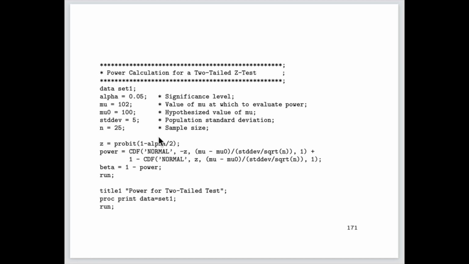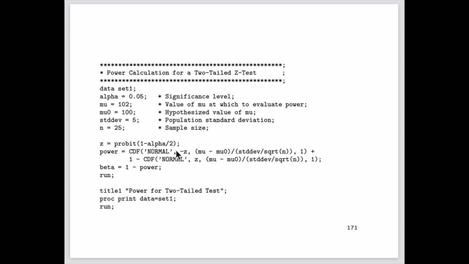So if alpha is 0.05, alpha over 2 is 0.025, and 1 minus that would be 0.975. So what this is doing is looking up the 97.5th percentile of the standard normal distribution, and then assigning that value to z. Okay, then z is used in this CDF function.